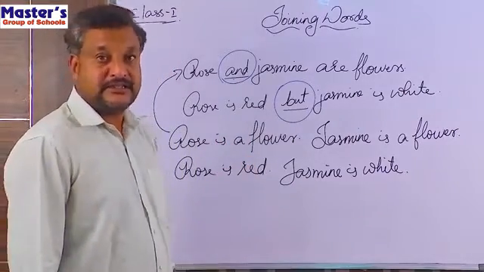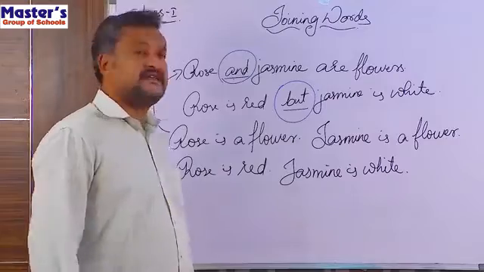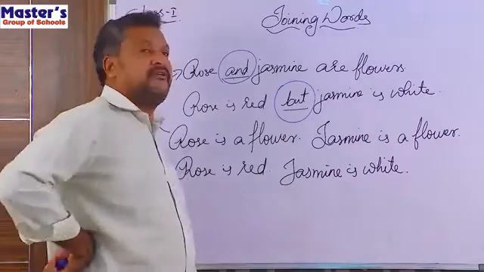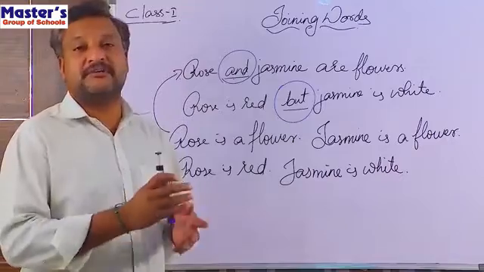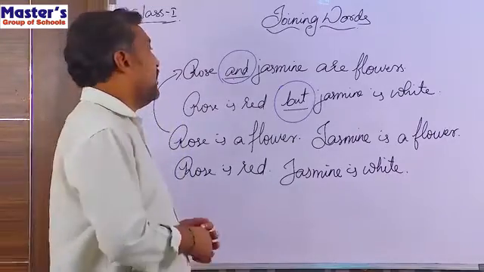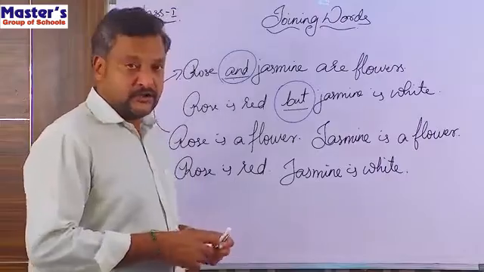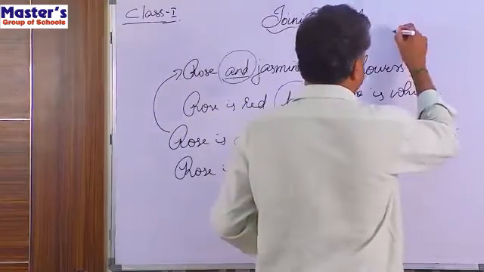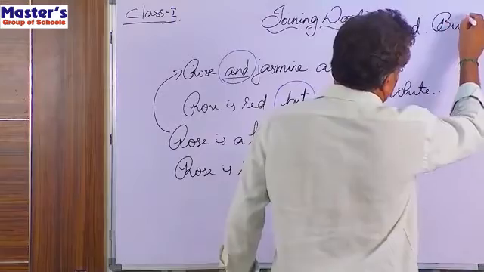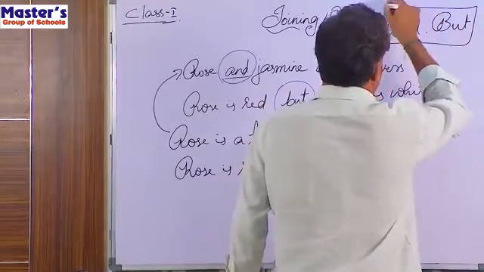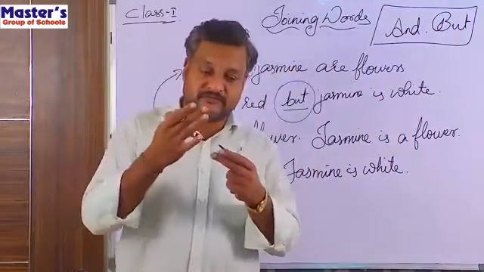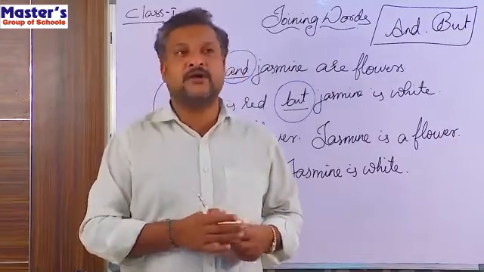But is used when we have different or opposite ideas expressing in two sentences. Okay. So, and but are two words which we use for the purpose of joining two sentences or two parts of sentences.